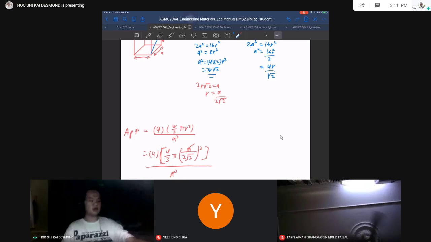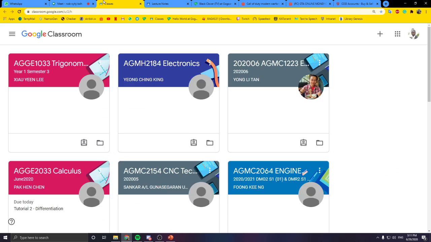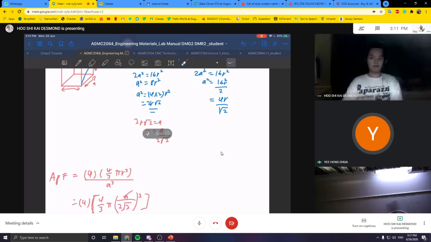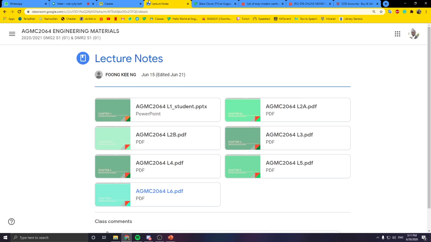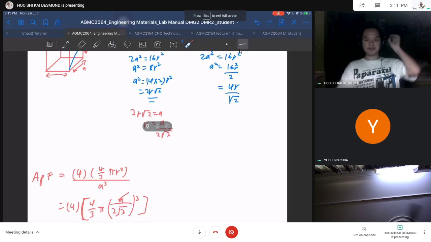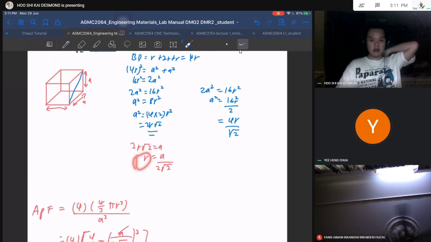Yeah, depending on what the question asks. If he wants you to find the A, you find the A for him. Then if he wants the APF, the APF is just for another question. So this one is to find the R. This is to find the R. This is to find the A.